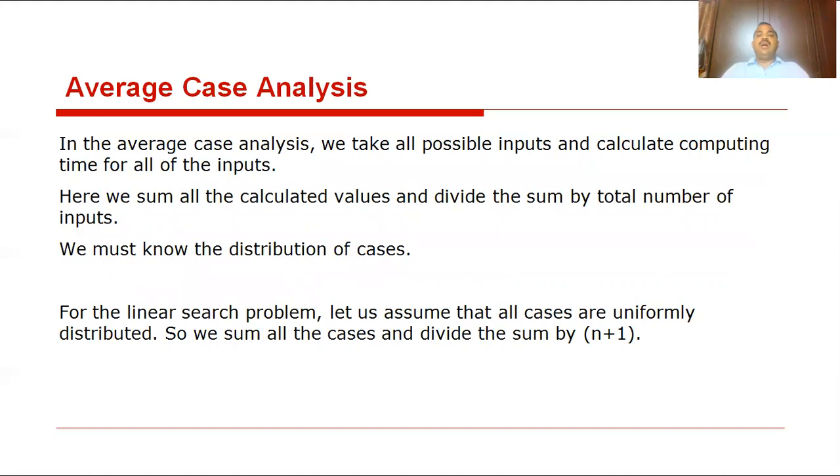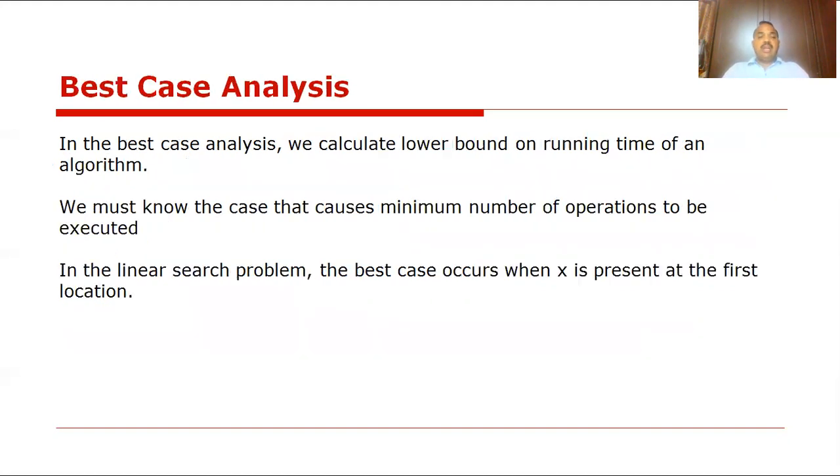We must know the distribution of cases. Clear? For the linear search problem, let us assume that all the cases are uniformly distributed. So we sum all the cases and divide the sum by n plus 1. So this is the average case analysis.